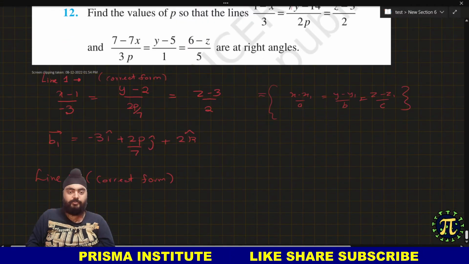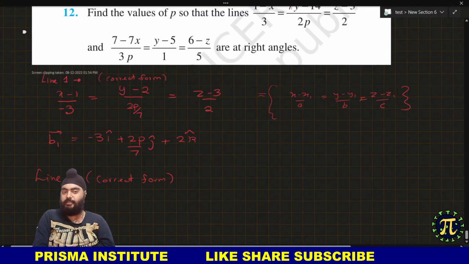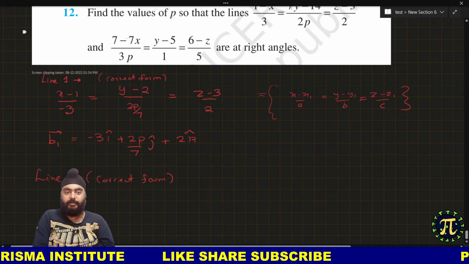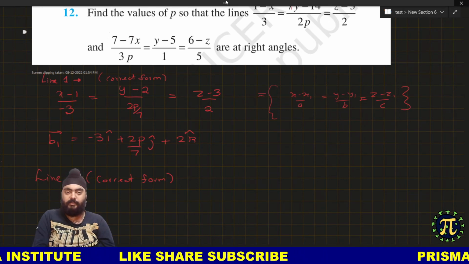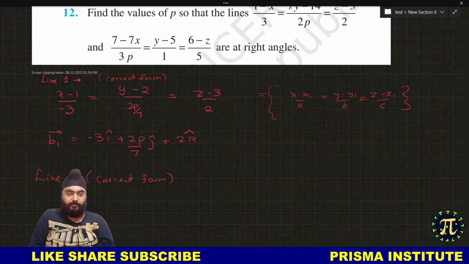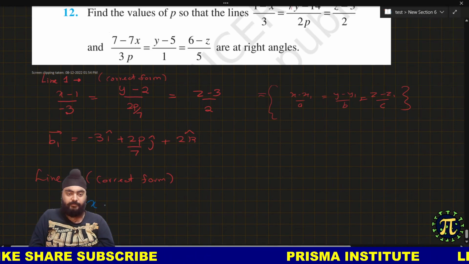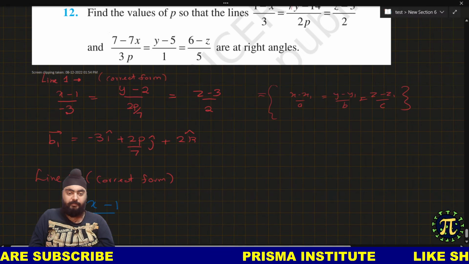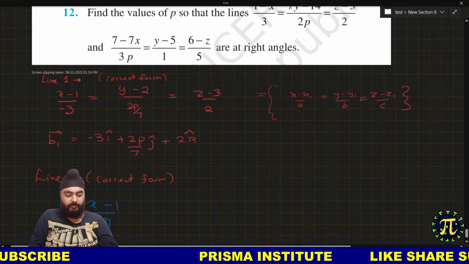So यहाँ पे I should divide numerator and denominator with -7, because if I divide by -7 x का कोएफिशिएंट 1 बन जाएगा. So I get -7 से डिवीजन के बाद x minus 1 divided by 3p by -7.